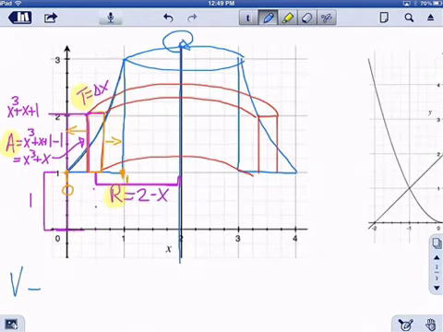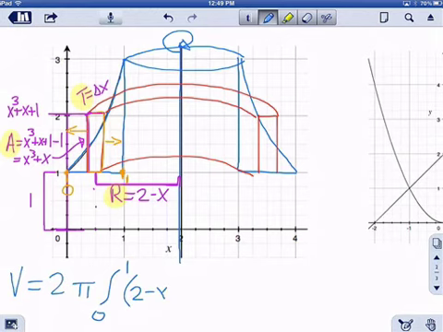And so our volume is going to be 2 pi times the definite integral from 0 to 1 of our radius, 2 minus x, times the altitude, which is x cubed plus x, times our thickness, which is just dx.